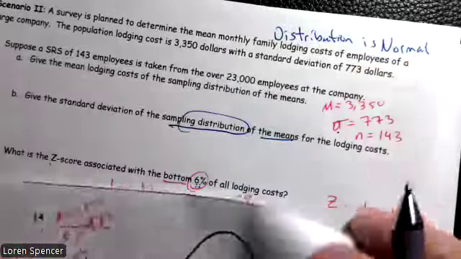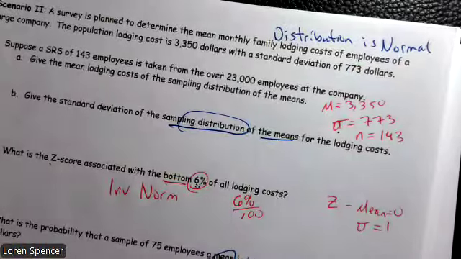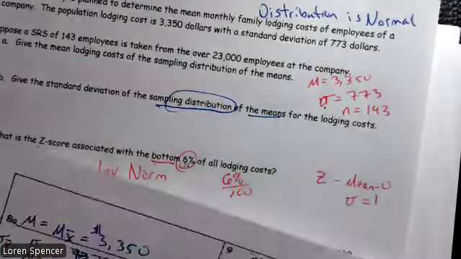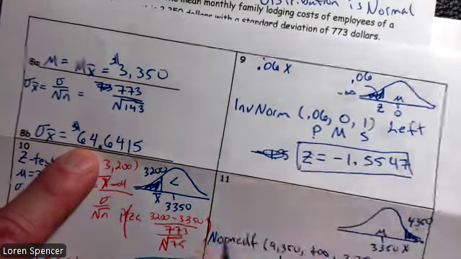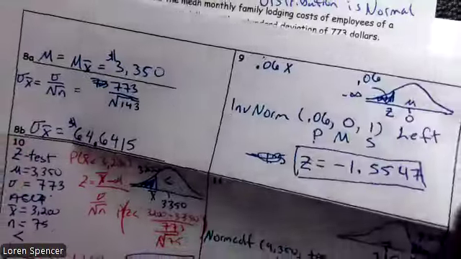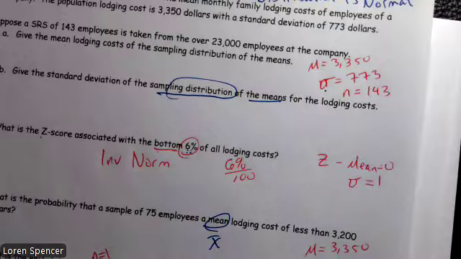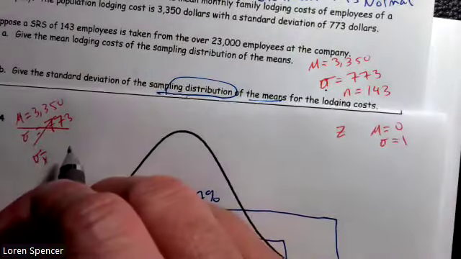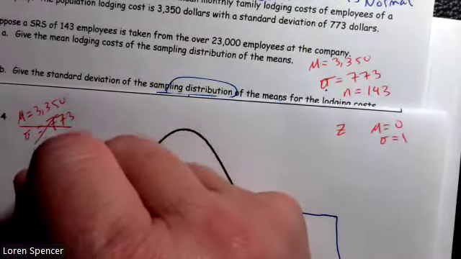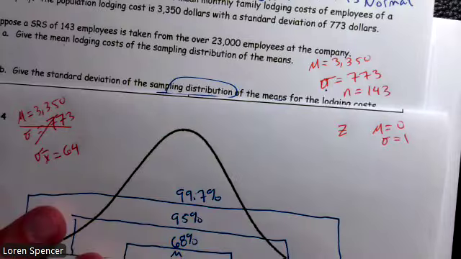But we've already done the standard deviation of X bar. We did it in part B. We used $64.64. I'm going to abbreviate that and just use $64. All right, your test will be a nice round number. So our standard deviation of X bar equals 64.